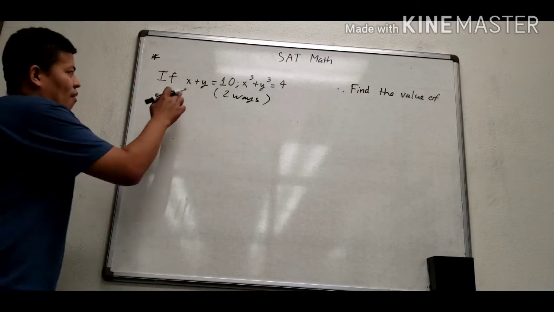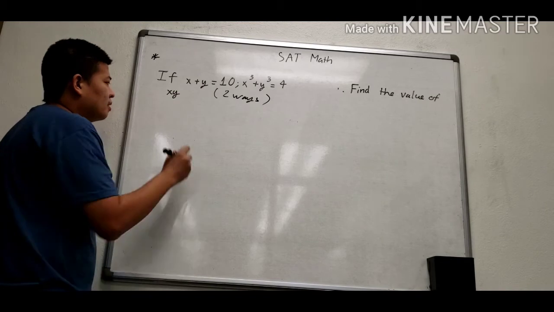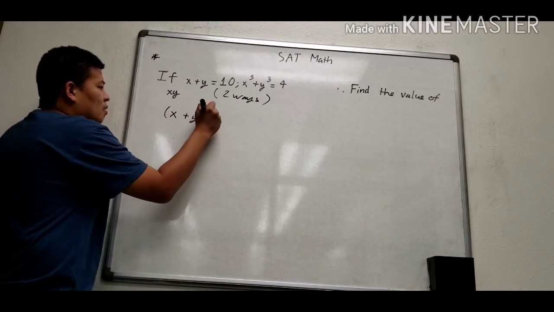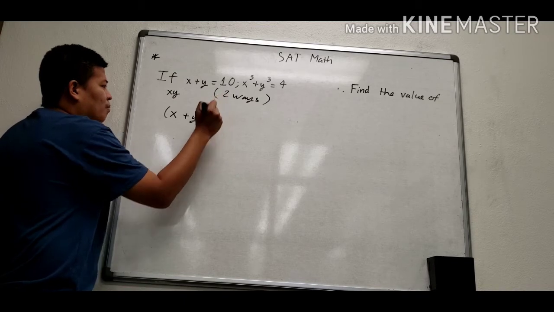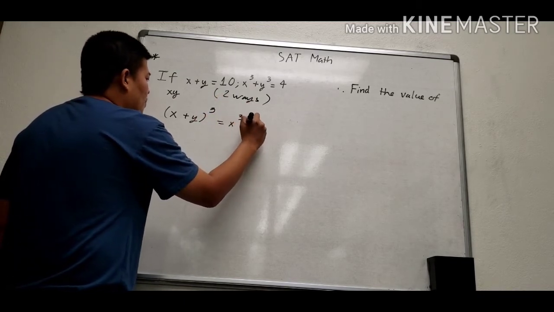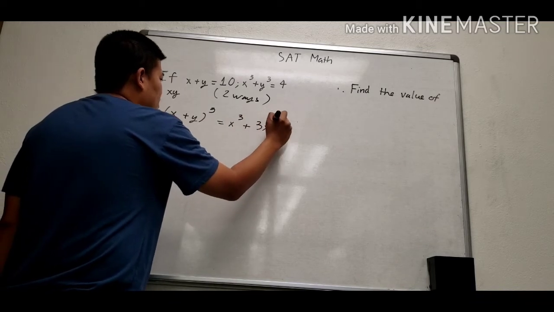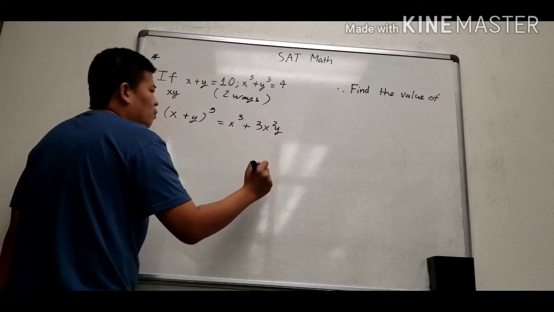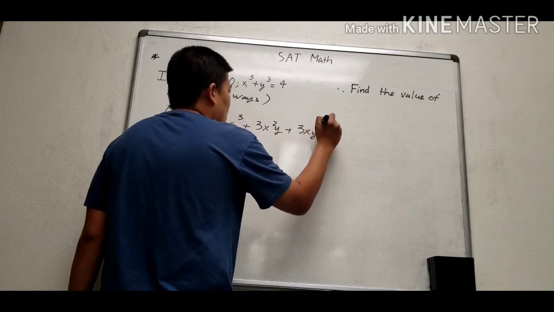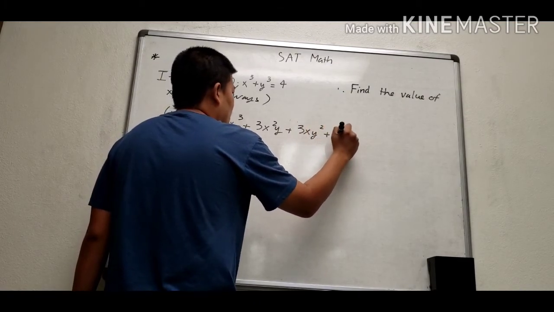First, we use x plus y equal 10. We know that x plus y, and we have the power 3, and we go about x power 3 plus 3x power 2 with y, and plus 3x y power 2 and y power 3.